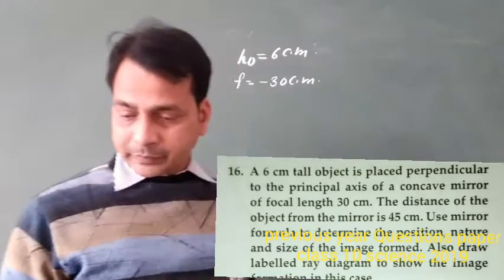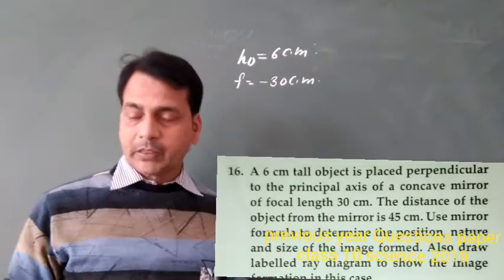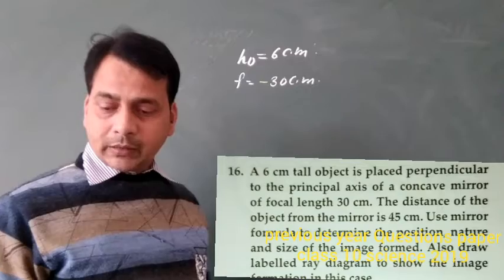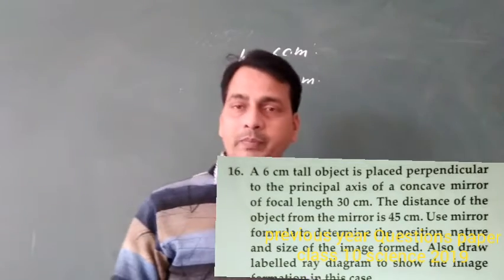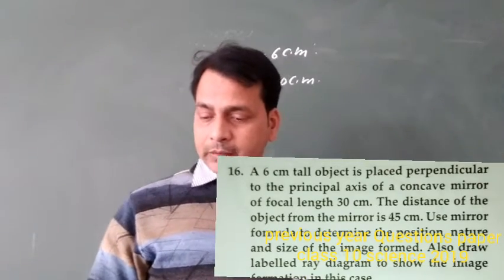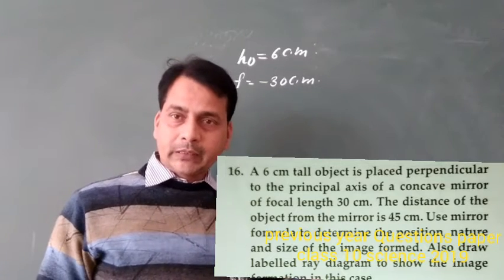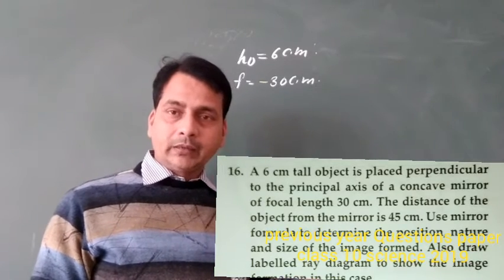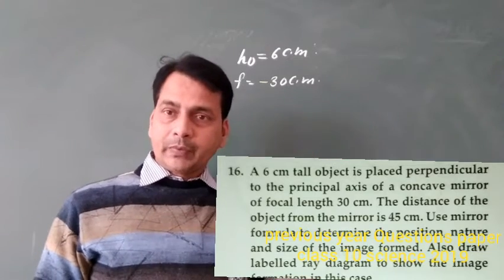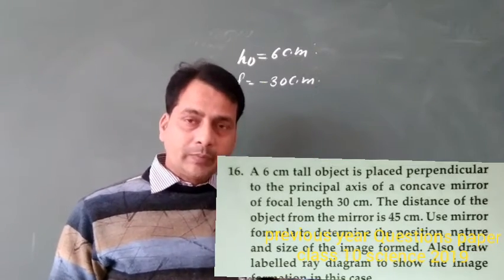And next, the distance of the object from the mirror. So here the object distance is also given, 45 centimeter, meaning the object is placed at a distance of 45 centimeter from the pole of the mirror.